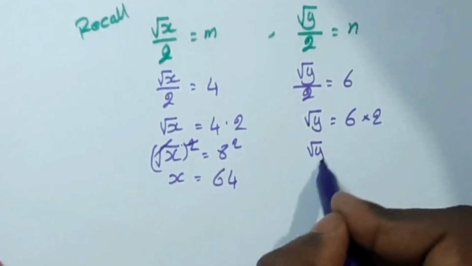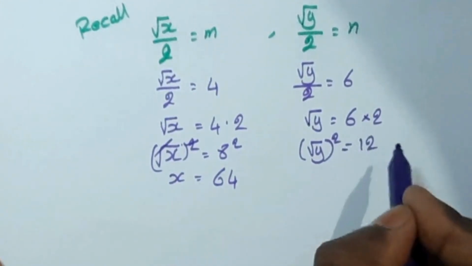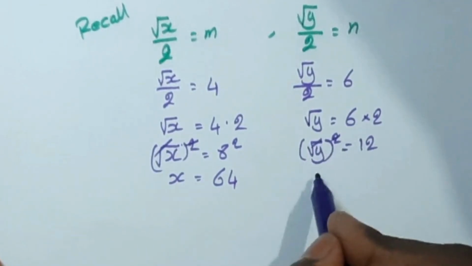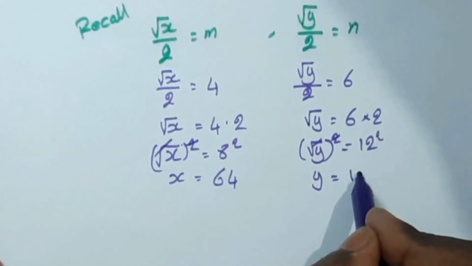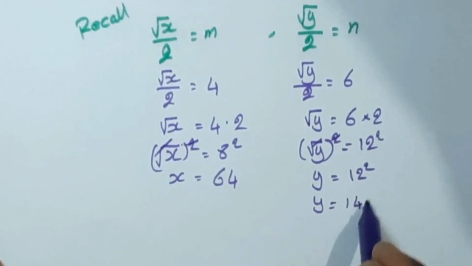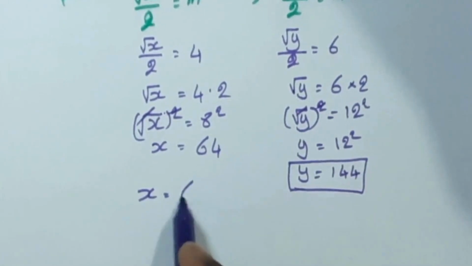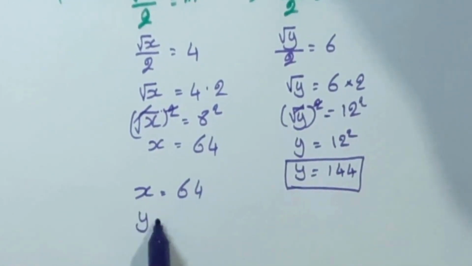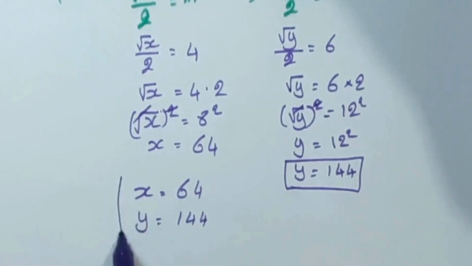So, square root of y whole square equal to 12 square. This cancels this. So, we have y equal to 12 square. So, y is 144. X equal to 64. Y equal to 144. This is the solution.